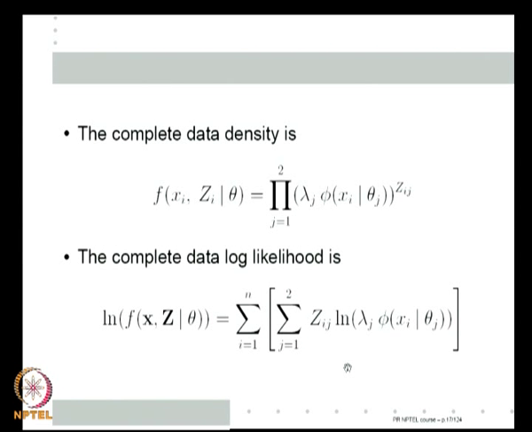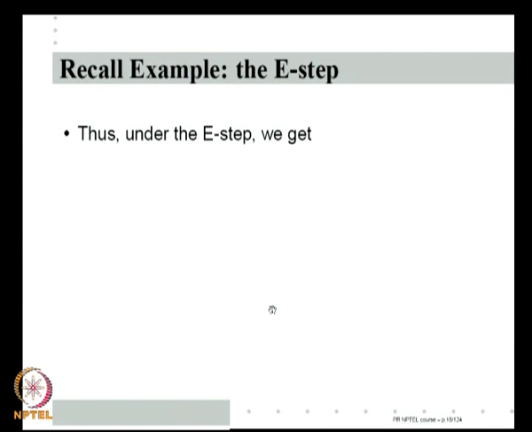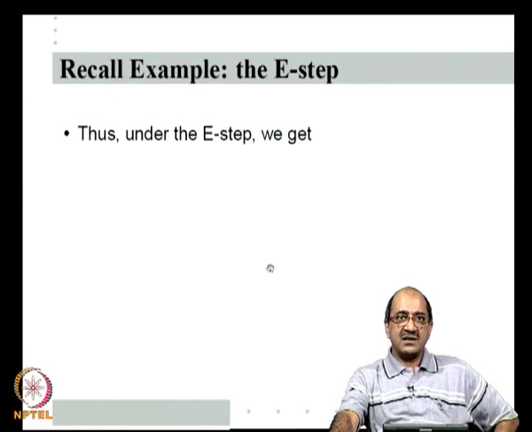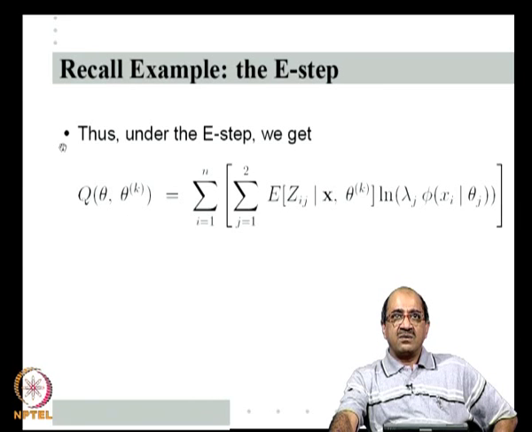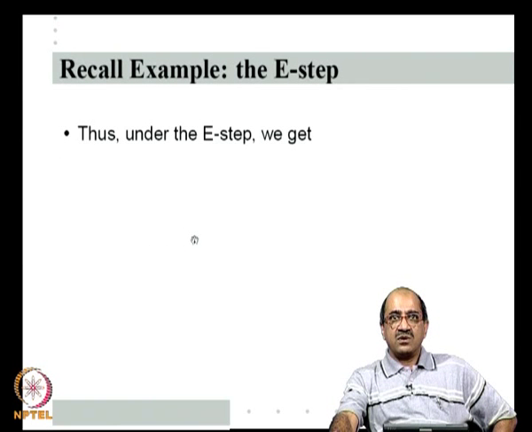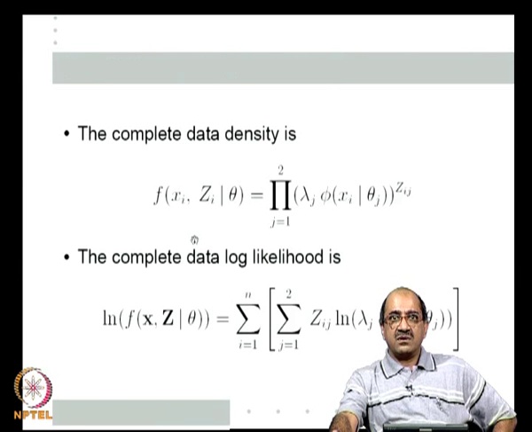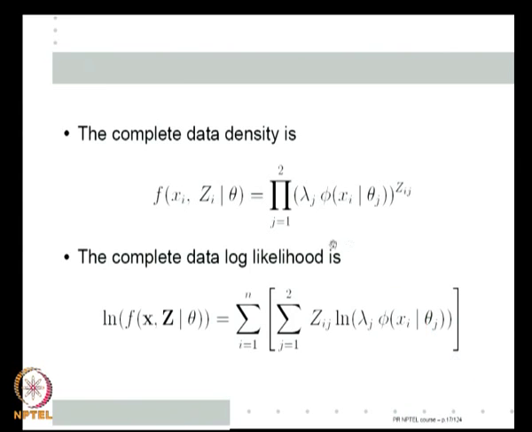Okay. Given this, what will be my E step and M step? Under the E step, we have to get Q(theta, theta_k). So, we have to take expectation of this with respect to the conditional density.